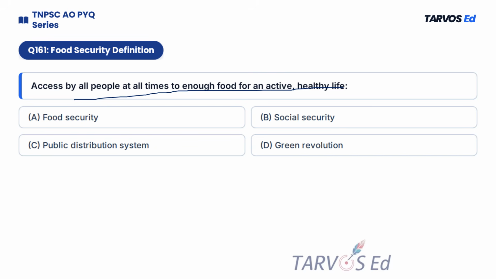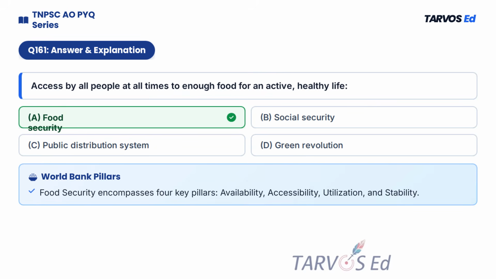So, correct option will be option A, food security. Under food security, the key pillars are availability of the food, accessibility of the food, utilization of the food, and stability. How stable the food distribution is, or the food grains distribution, or the consumption product distribution is. We focus on all these four things in case of food security.